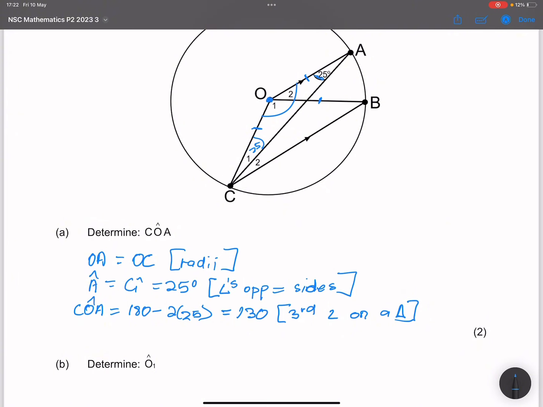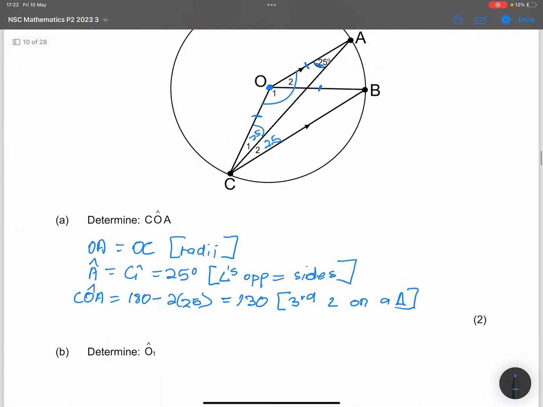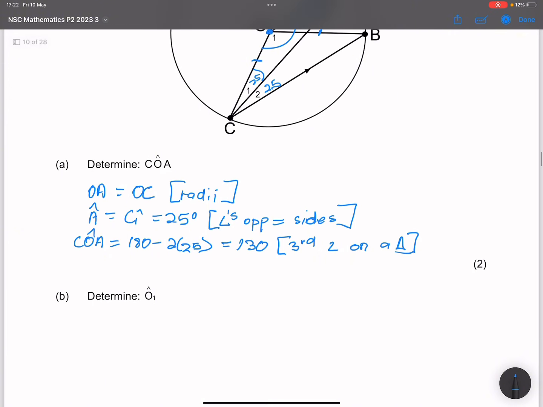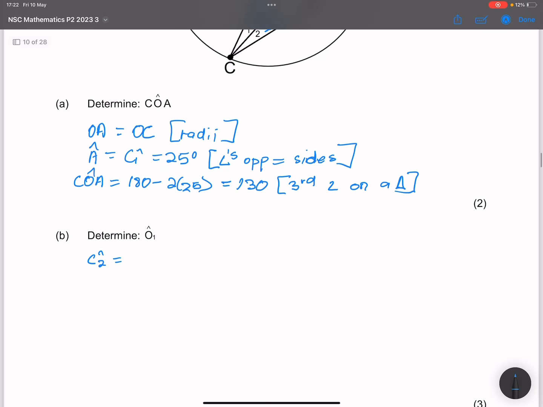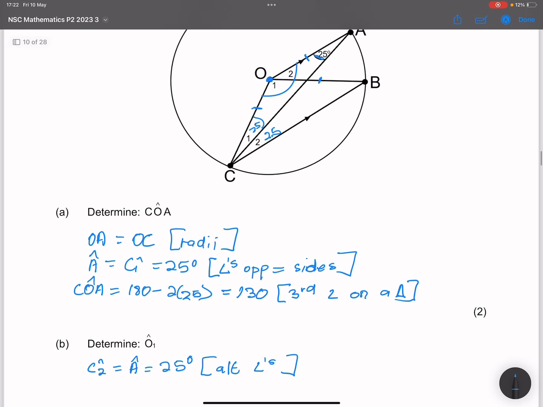But notice, we've got alternating angles. C2 should also be 25 degrees, right? So I'm going to say angle C2 is equal to angle A, which is 25 degrees. That's alternating angles, already given that those lines are parallel.